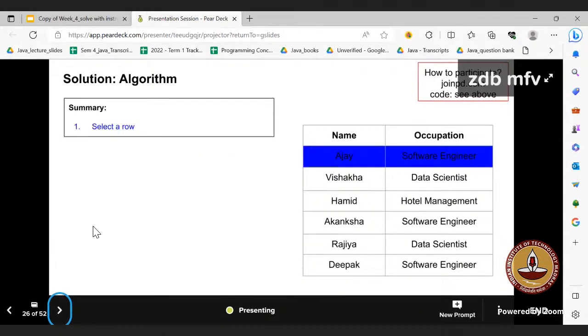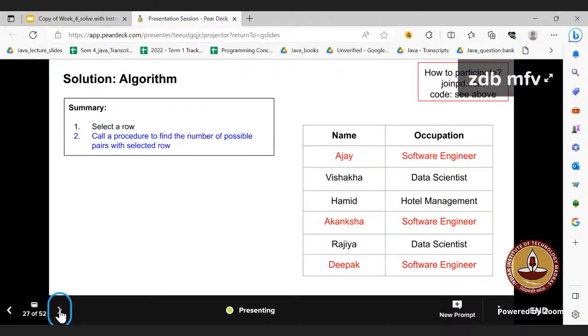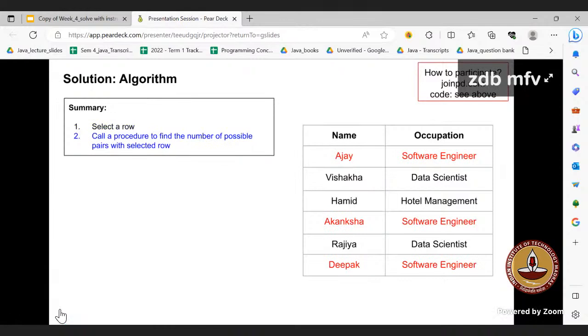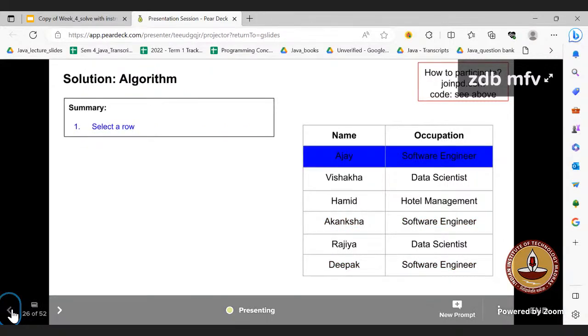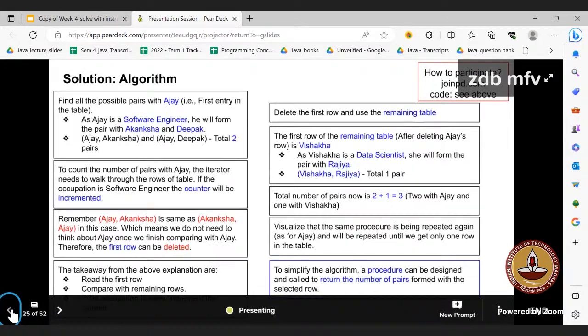So the algorithm is like select a row, call the procedure. Okay, what you can do, ma'am, is, can you go to the previous slide? No, previous one. Yes, ma'am, thank you. Anyone has any doubt, you can ask.